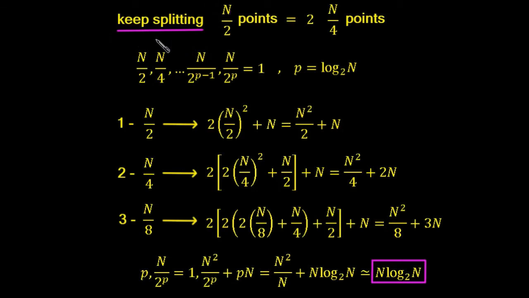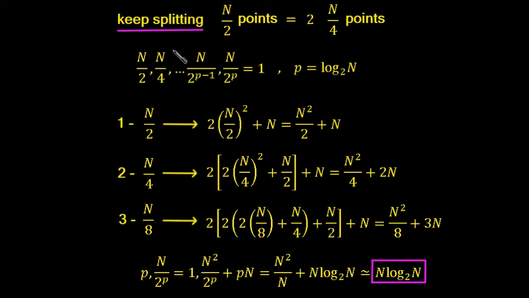So we can continue splitting the DFT until eventually we get down to a value of 1 and we wouldn't be able to split it any further. So for example, we started off with the value n is equal to 8, so we split it into n upon 2 points, and we could split it into n upon 4 points, and after that we can't split it any further.